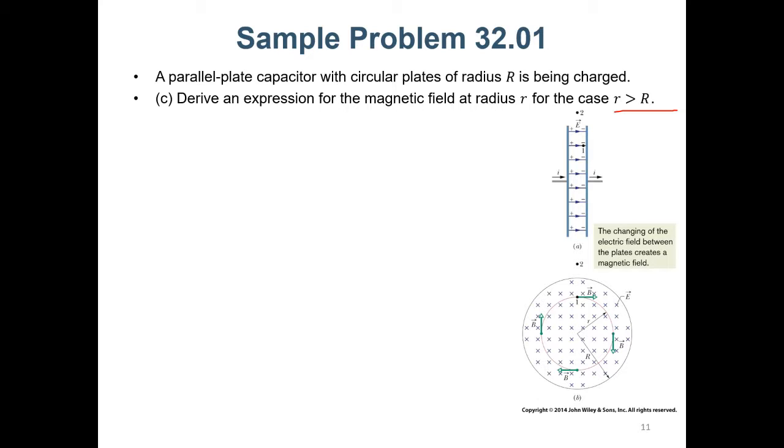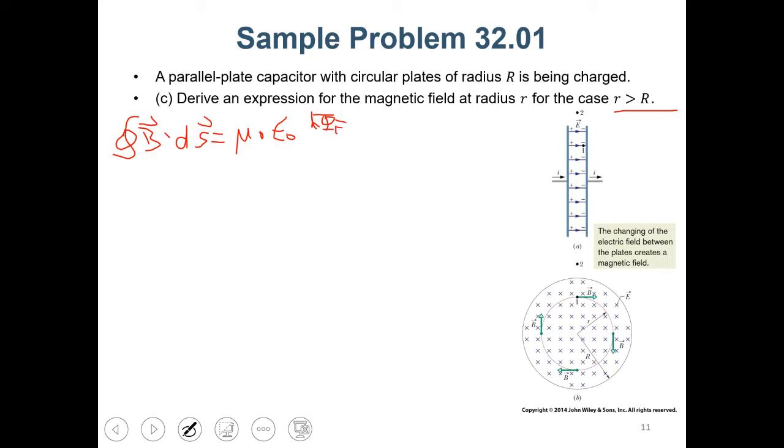So here, we still use Maxwell's law, d phi_E/dt. Similarly, on the left side, it is B times 2 pi r. And on the right side, A dE/dt.